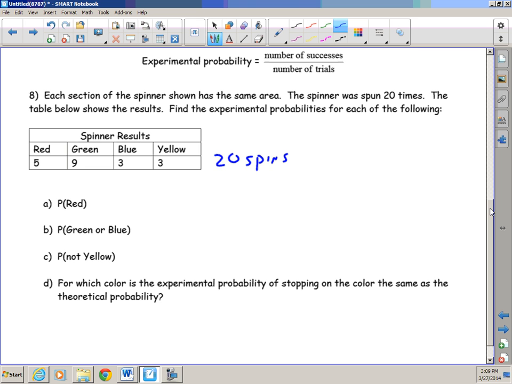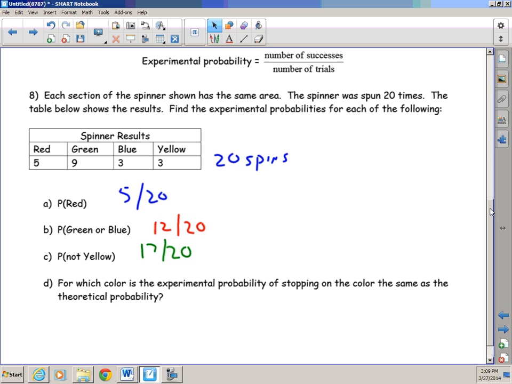Okay? So what's the probability based upon this that I'm going to get a red? 5 out of 20. What's the probability I'm going to get a green or a blue? 12 out of 20. And what's the probability that it's not yellow? 17 out of 20. Now, which one has the same experimental probability as theoretical probability?